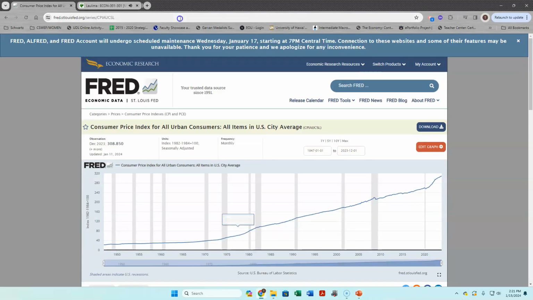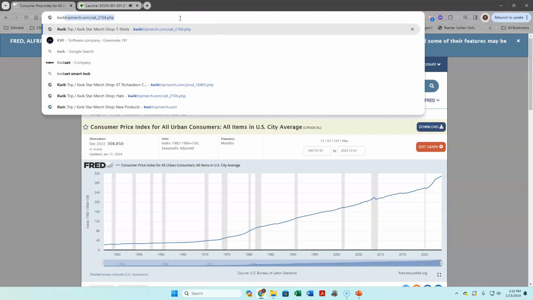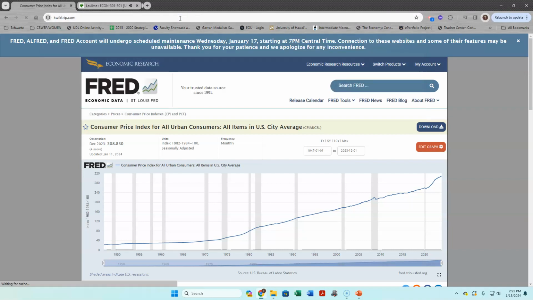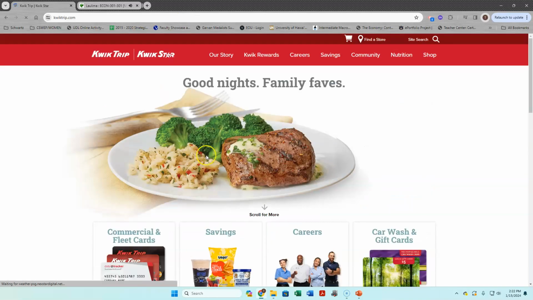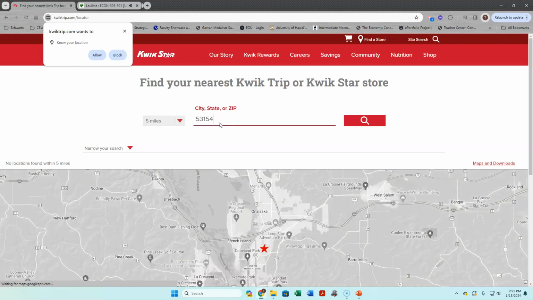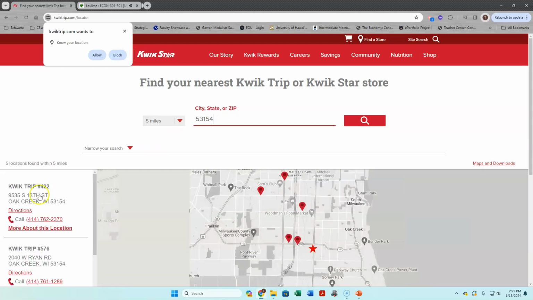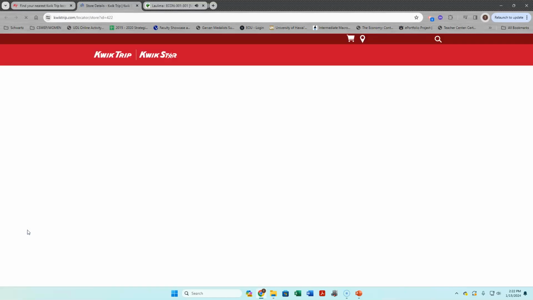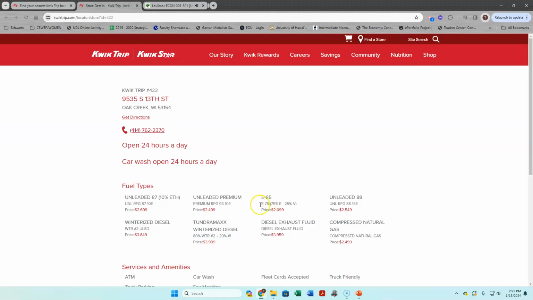Let's see what it costs in Wisconsin. I'll pick the biggest place that sells gas here, my old zip code, around the same location as where it was. And right now, gas is selling for $2.69.